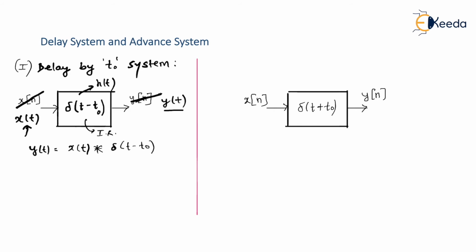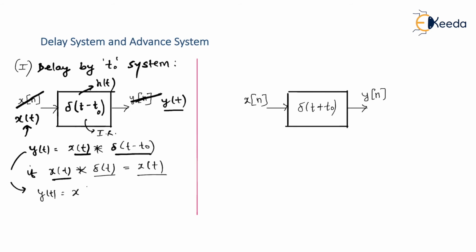We have already studied that if x of t convolves with del of t, it remains as x of t only. So x of t convolved with del of t minus t naught remains as x of t minus t naught. Is that right?